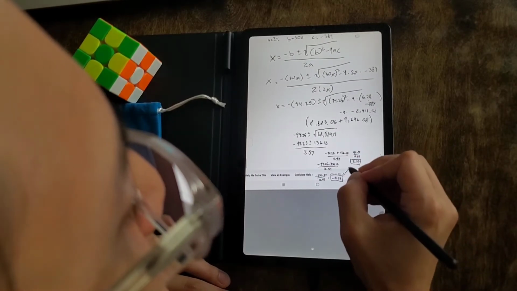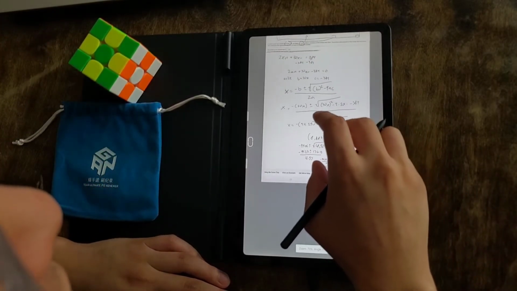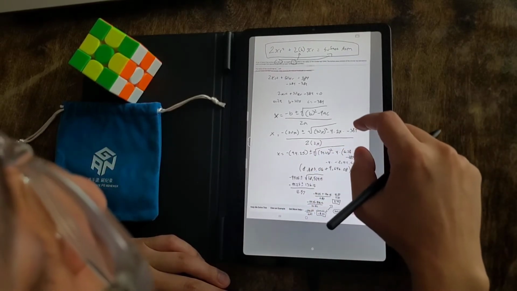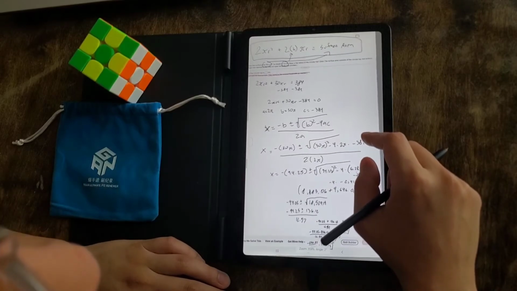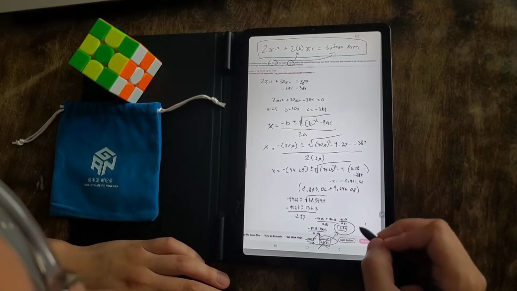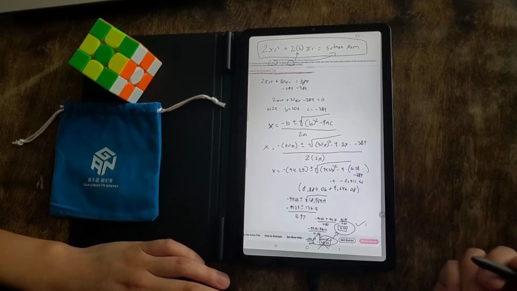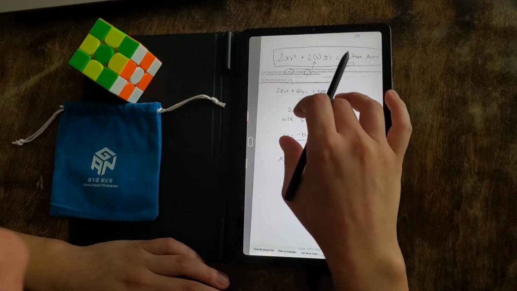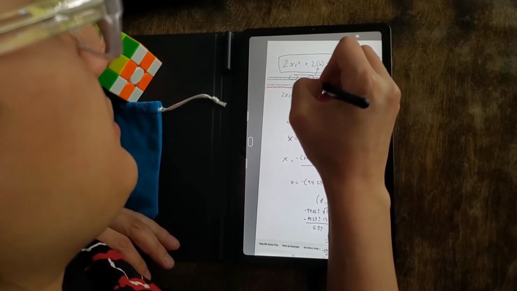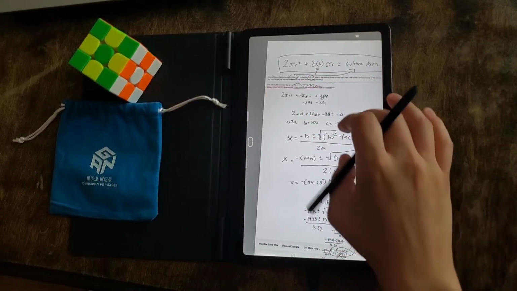Now between these two answers, when it comes to distance, there's no such thing as it being negative. How are you going to have a negative distance if it physically exists? So obviously we ignore the negative answer and we pick the positive answer, and hopefully that's our answer. So 3.33 centimeters should be the radius of the circular top.